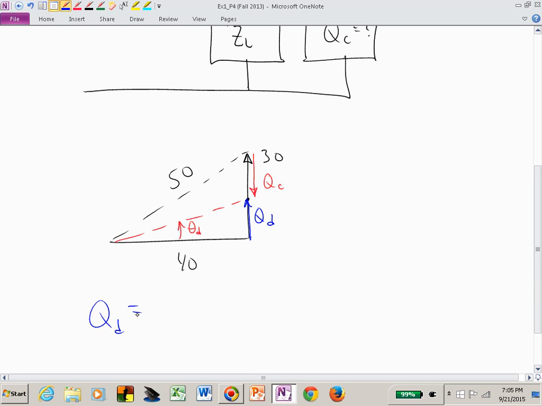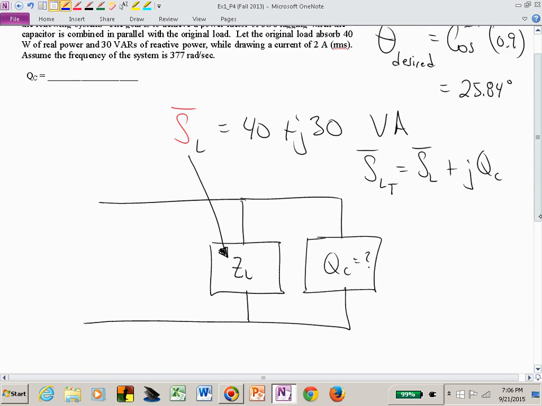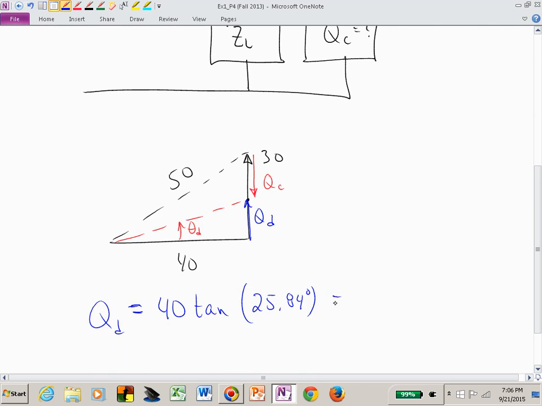The desired reactive power is going to be positive, and that's 40 times the tangent of that angle we just said we desired, which was 25.84 degrees. So that this ends up being 19.37 VARs.